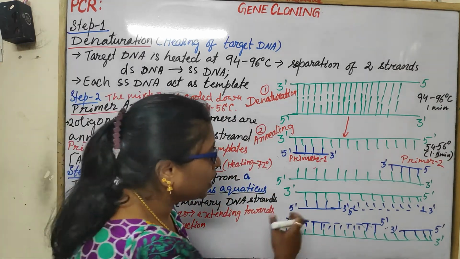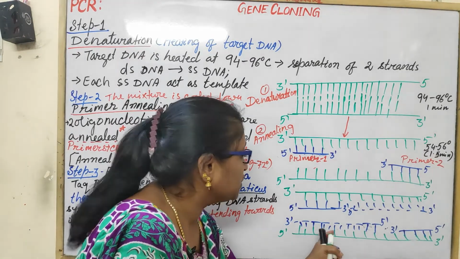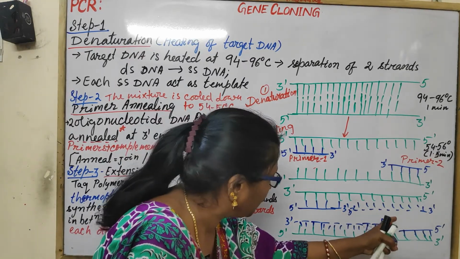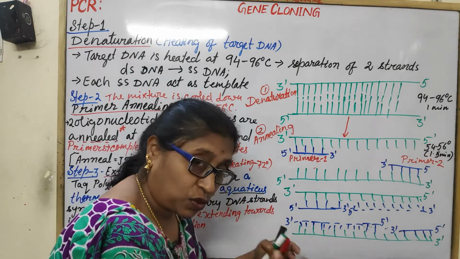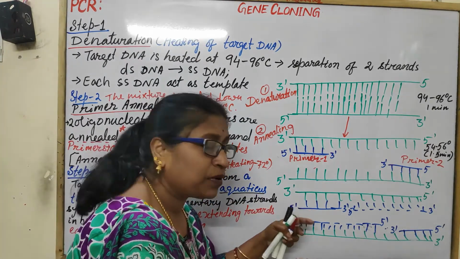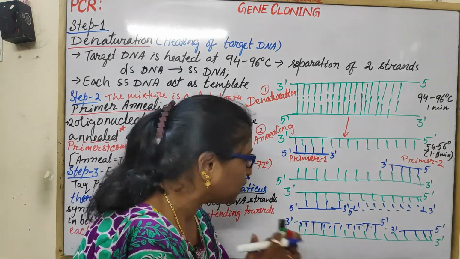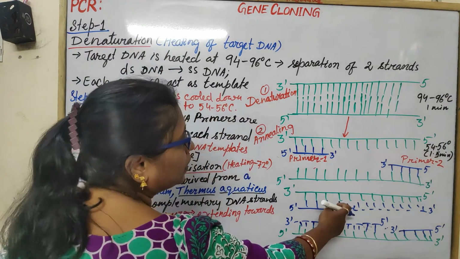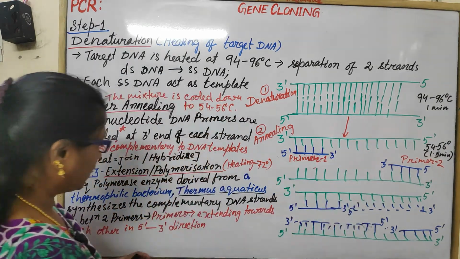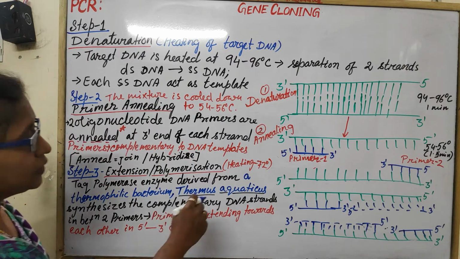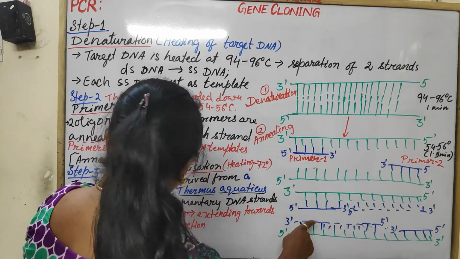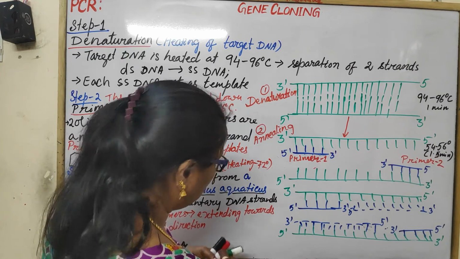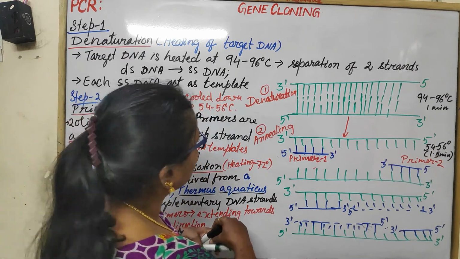So this is how the extension of the DNA region occurs from 5 prime to 3 prime. That means the two DNA primers are extending towards each other in the direction 5 prime to 3 prime. And this is step 3, that polymerization or extension.